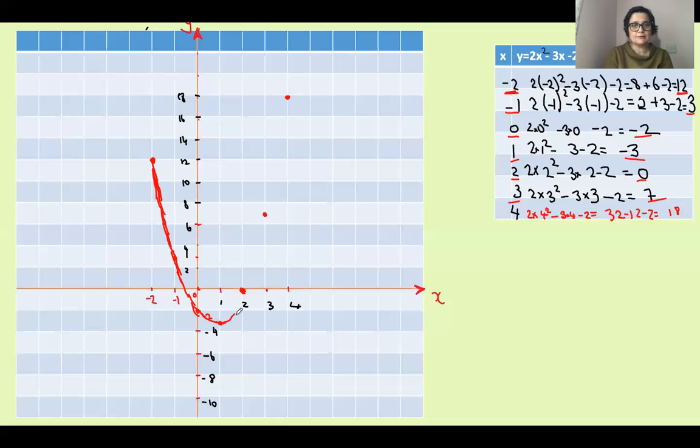Then you go up the curved line, and then curved again, and then you join the other point with this point gently, and this is the curve.